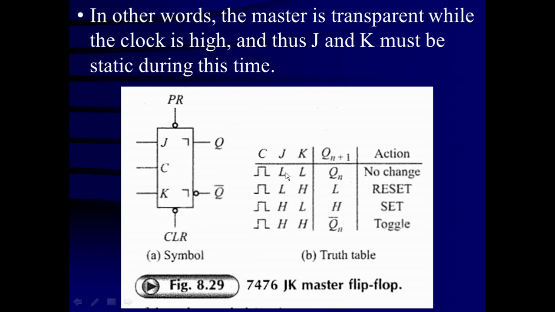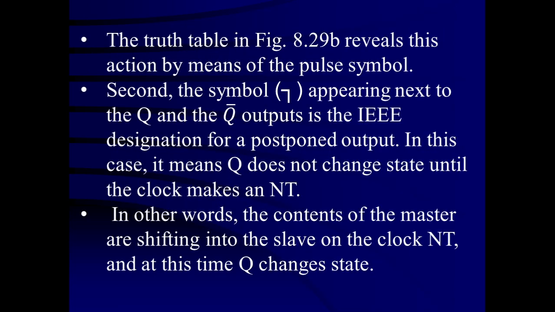And if J is equal to high and K is equal to high, which is the toggle mode condition, after one clock pulse the flip-flop output is complemented. Qn plus 1 is nothing but Qn bar. This way, the JK master slave flip-flop is a pulse triggered flip-flop.